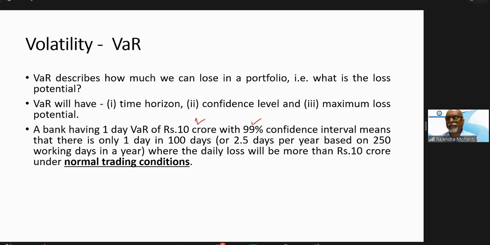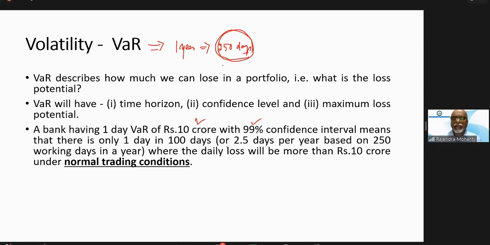means that there is only 1 day in 100 days. Or we can calculate as a year, 2.5 days per year based on 250 working days in a year. Always remember another thing: in the case of VaR calculation, a year is taken as 250 days. It is not 365 days, because Saturday and Sunday are not taken as working days.